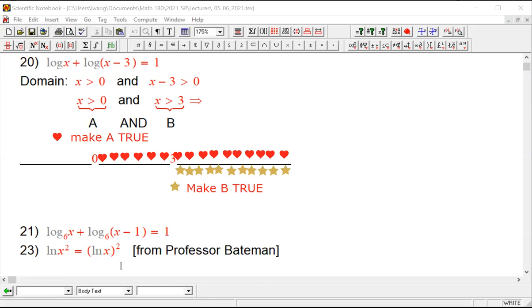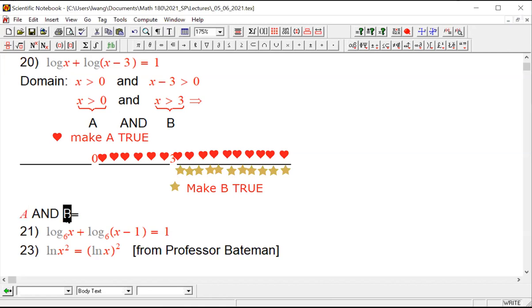Now, what is the meaning of A and B? Remember the definition we have learned before?